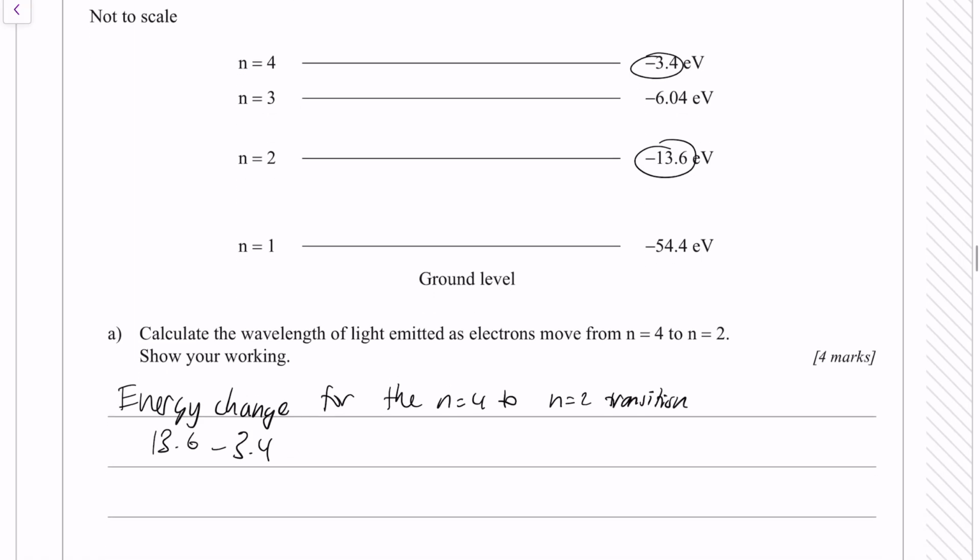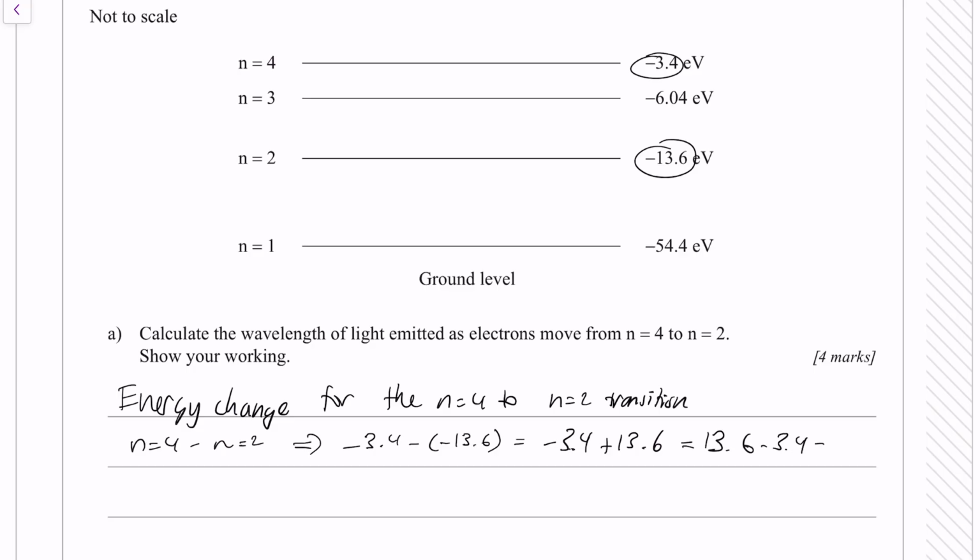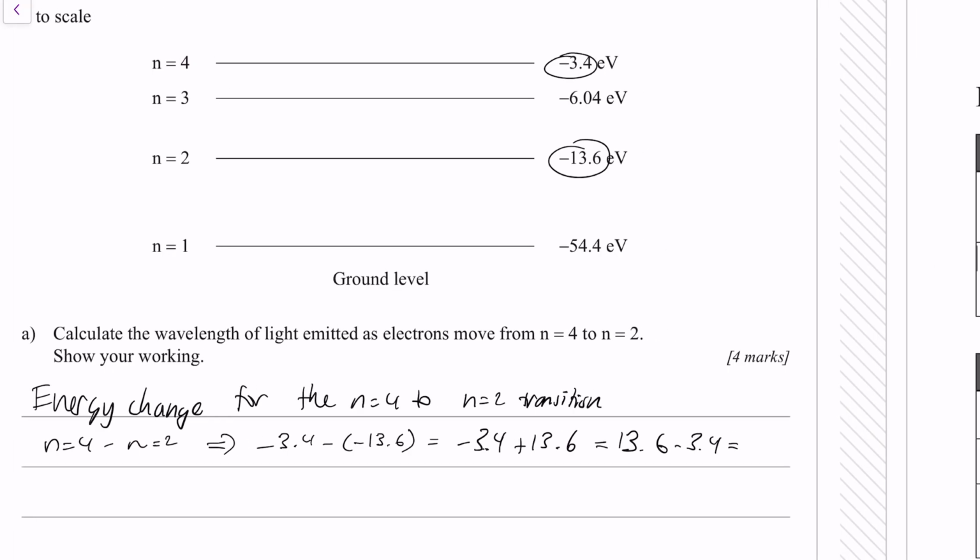Like I'm essentially just doing, if you wanted, I can do n equals 4 minus n equals 2, which will give me negative 3.4 minus 13.6, which is just the same as negative 3.4 plus 13.6, which is the same as what I wrote before. And so that gives me 10.2 eV.